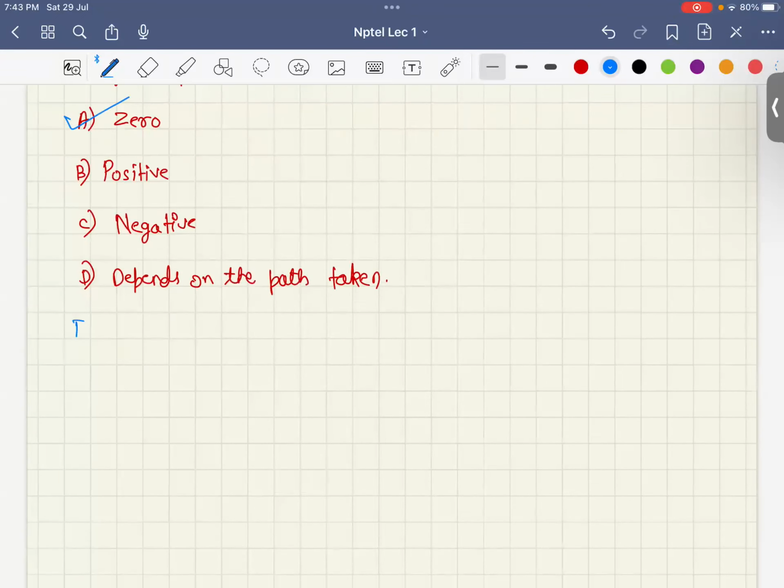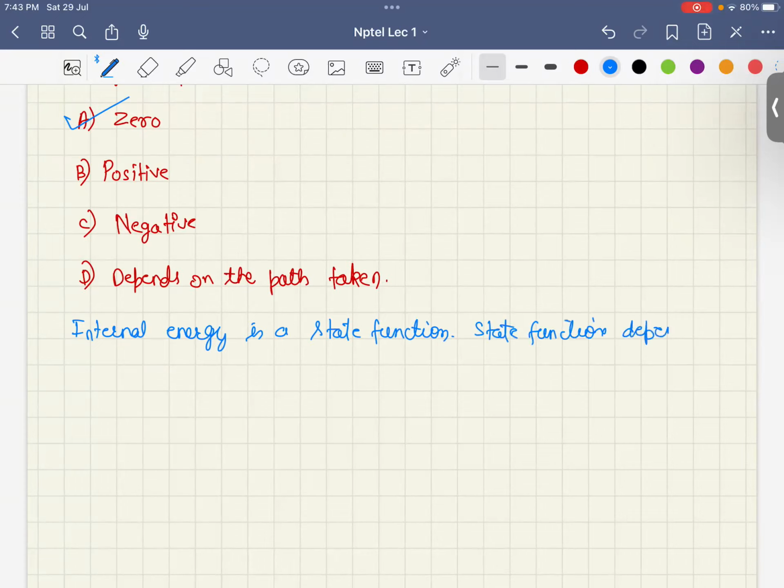Now why? Because internal energy is a state function, and state functions depend only on the initial and final position.